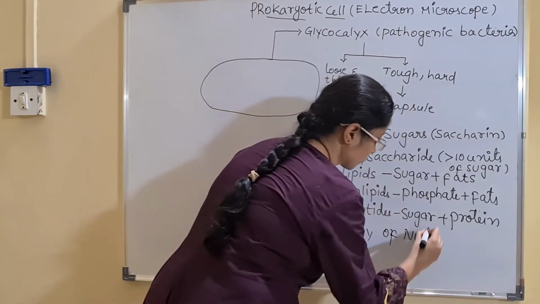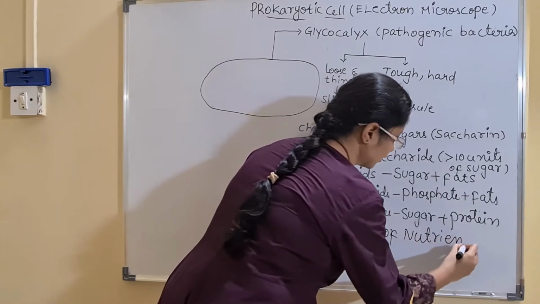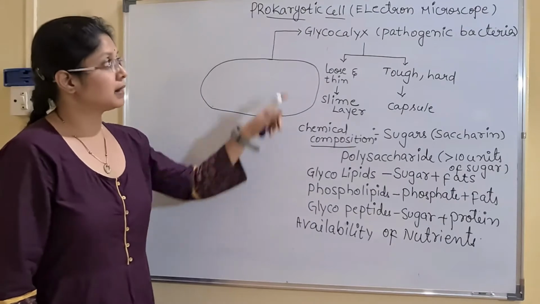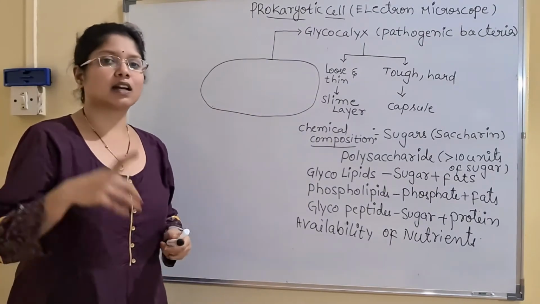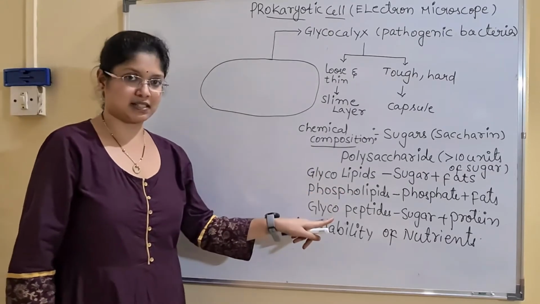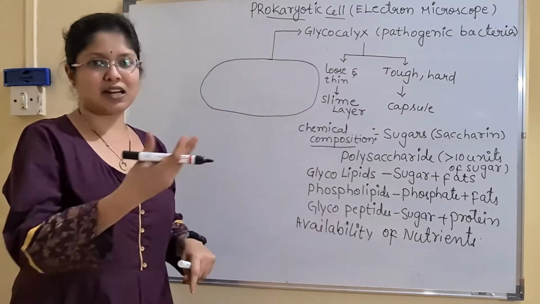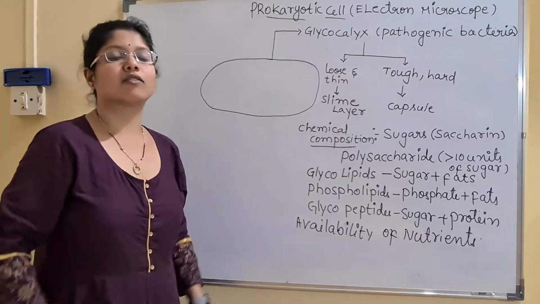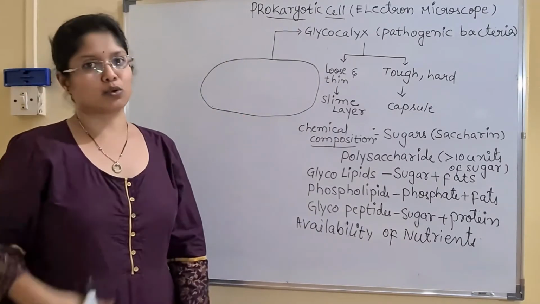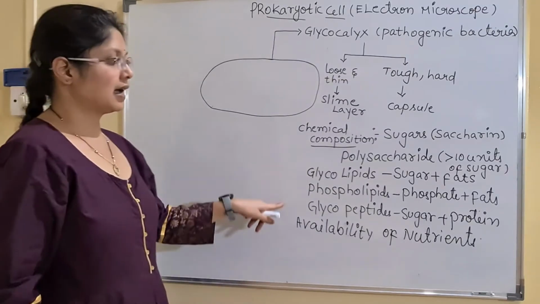Based upon the availability of nutrients, the bacteria produce the glycocalyx. Whatever substance is available in the medium, it will pick, and with that it will make the glycocalyx.